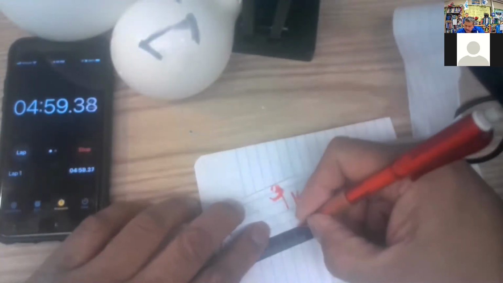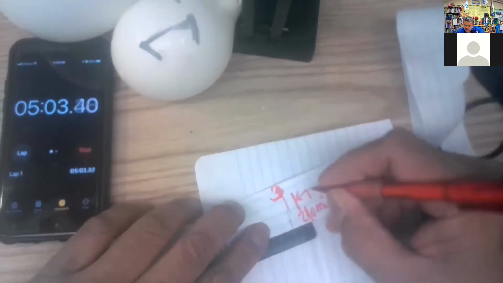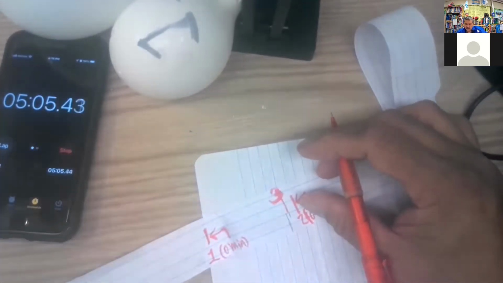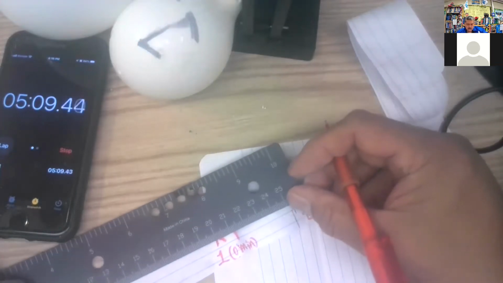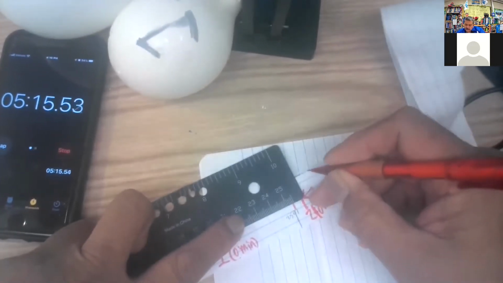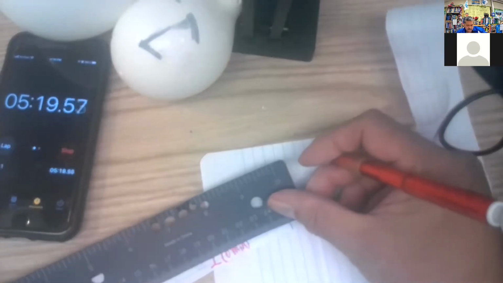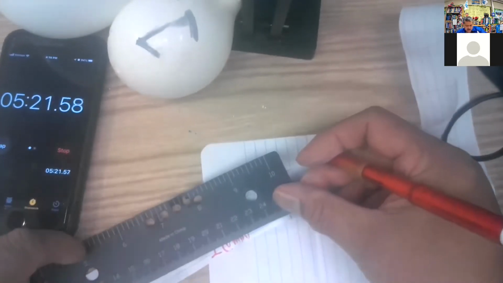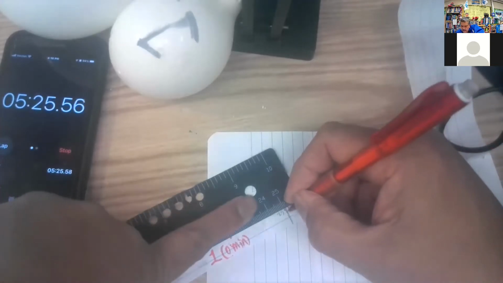25 is right there. Number 3, though, is 25 point, let's say 2. Let me show you this way. 25 point, maybe 4. 25.4 on that one. And this one is 25, right there.